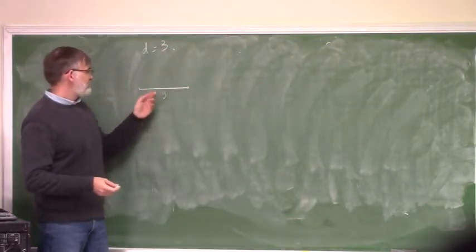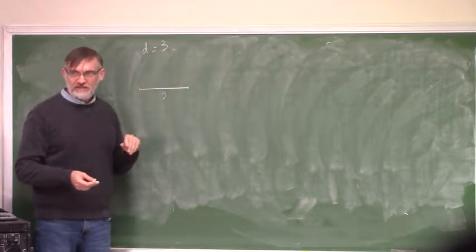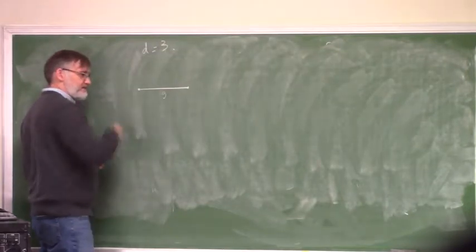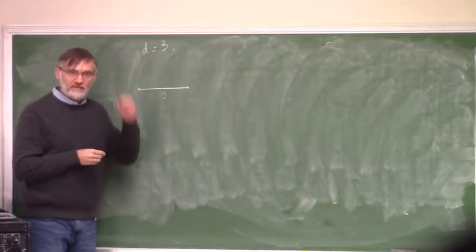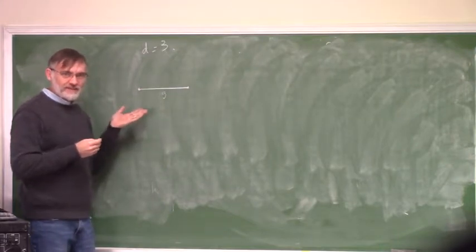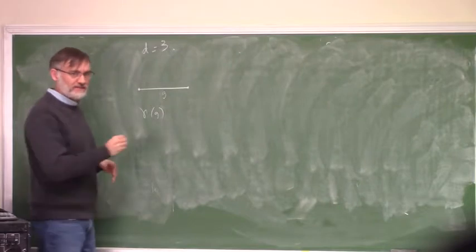In other words, this can carry a Majorana chain, which means its endpoint can carry a Majorana zero mode. Either it does carry it or it doesn't, so there's some parameter gamma of G which tells you whether it does or doesn't.